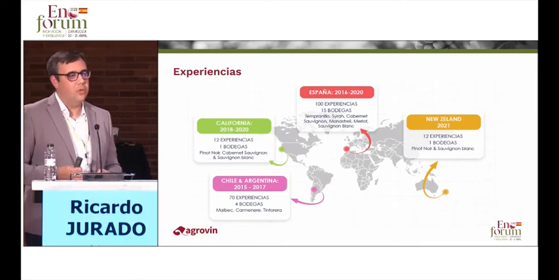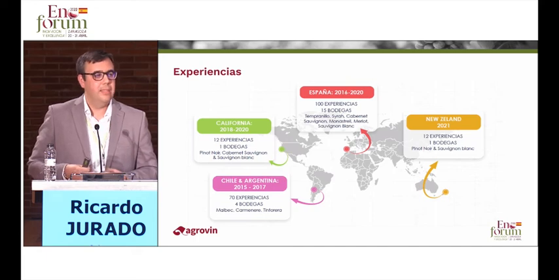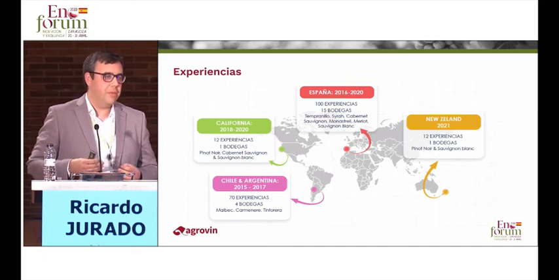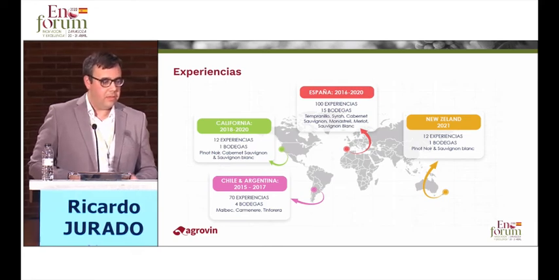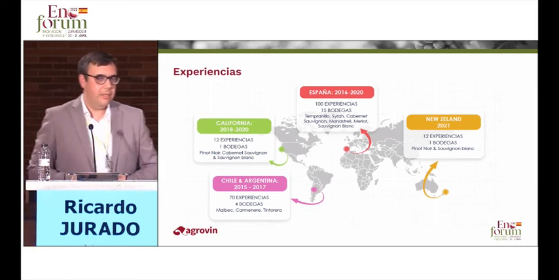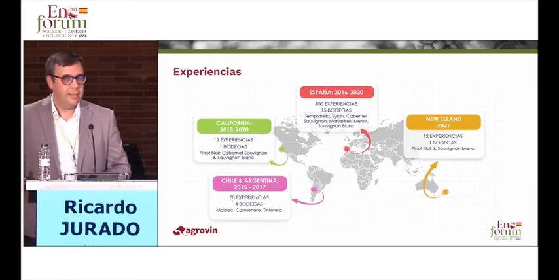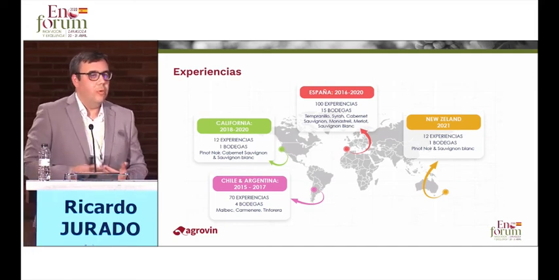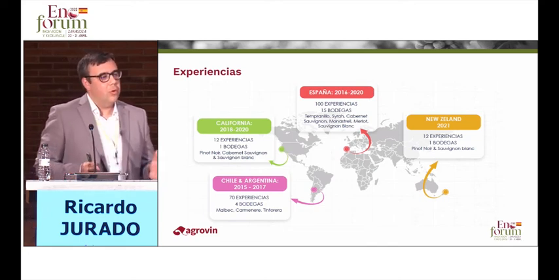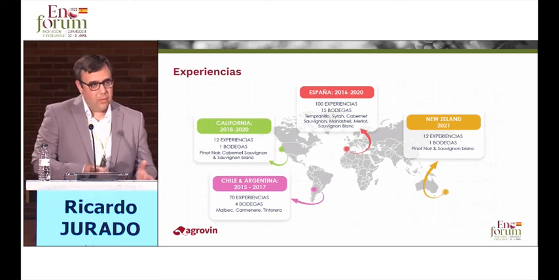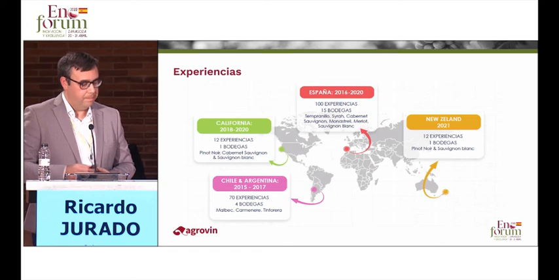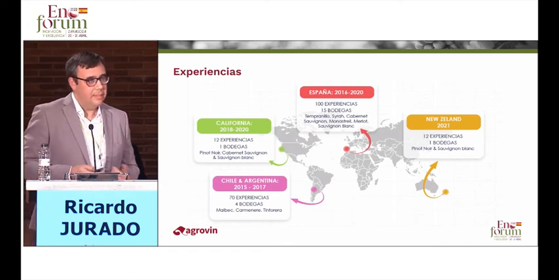The tests were done to test all the requirements that determine the use of ultrasounds, the main one being variety. We have been working with Carmenere from Chile, Sauvignon Blanc from New Zealand. In Europe, we have been working with all types of varieties to precisely establish a work protocol focusing on making every one of the varieties in a very efficient way.